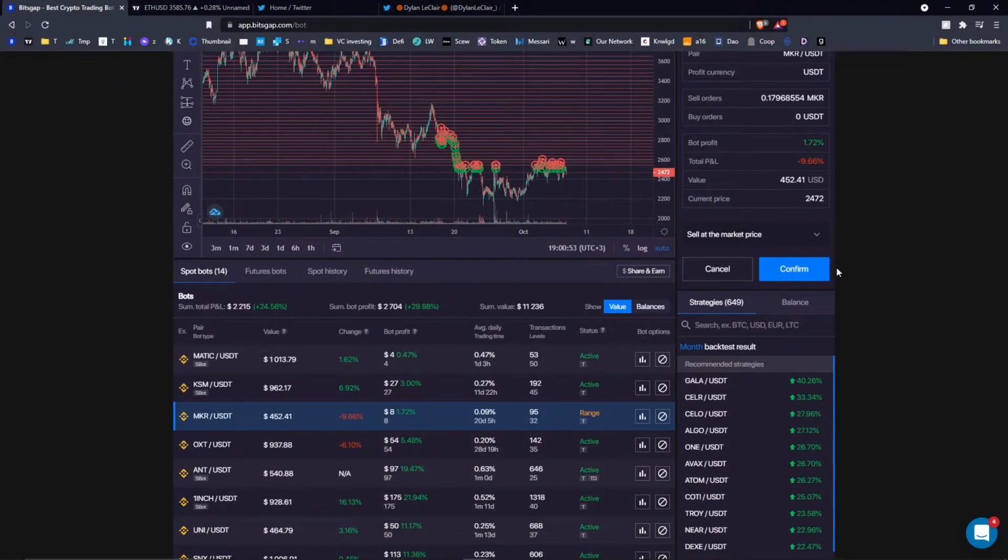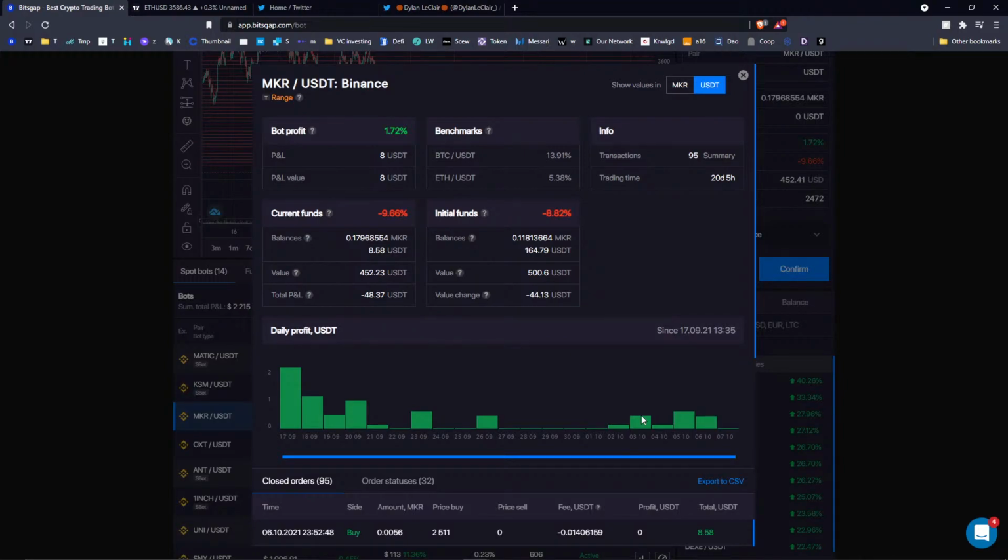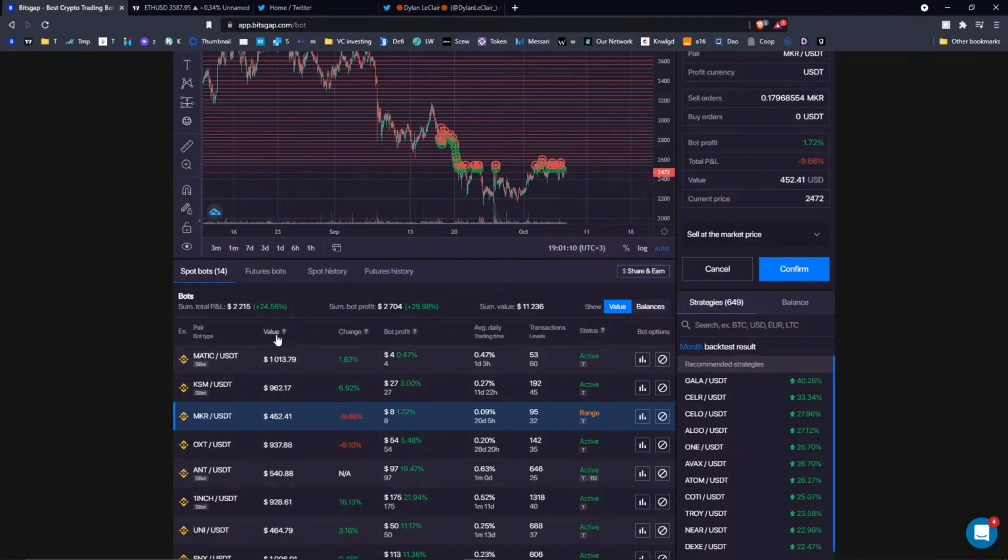So it's gonna sell 0.17 MKR to USDT. So the way I would do it, basically the total value is here. It's $452. You can see the value.